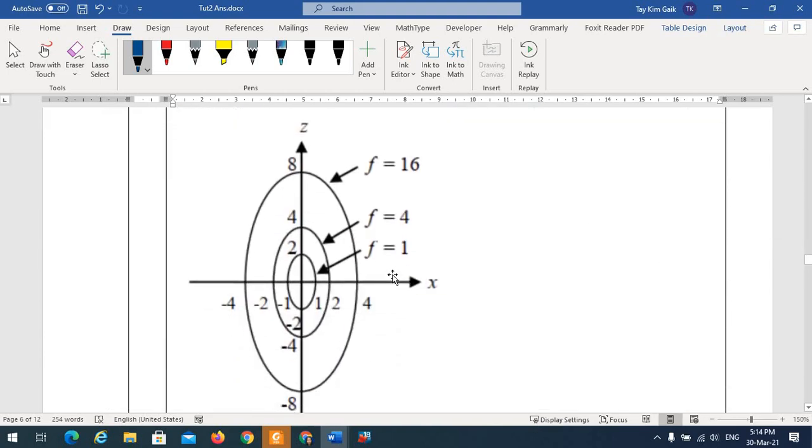So when y equals 1, the ellipse is centered at 0, 0, where the x-intercept is negative 1 and positive 1, and z is negative 2 and positive 2.